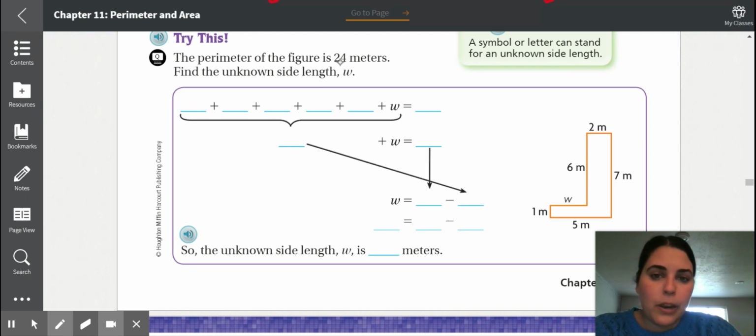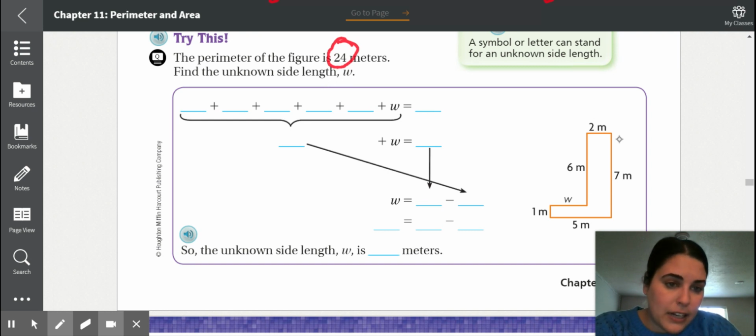So what we want to focus on is that our answer, when we add up all of the sides, the perimeter is 24. Find the unknown side length W. So let's look at our shape. We have this side is 2, this side is 6, this side is W. We don't know what that side is yet.